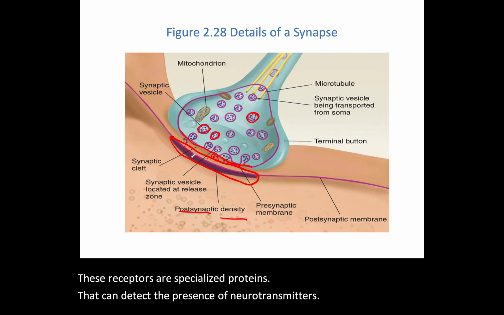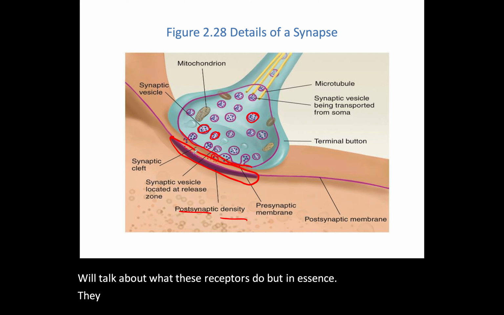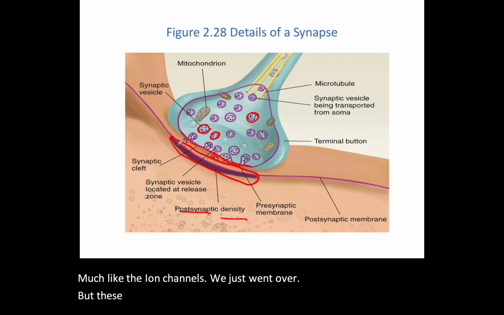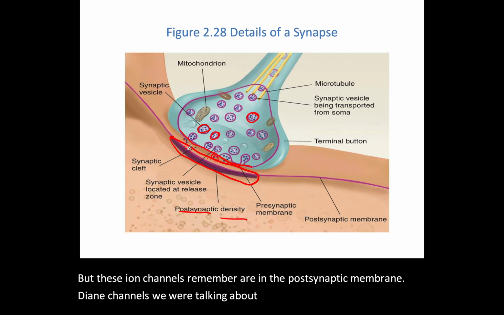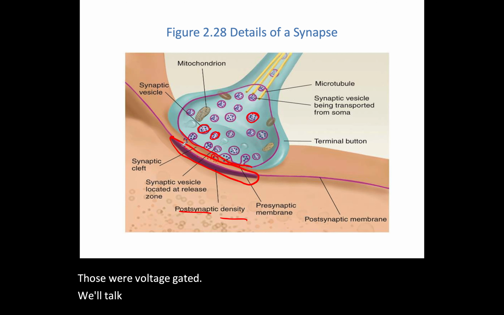We'll talk about what these receptors do, but in essence, they simply control ion channels, much like the ion channels we just went over. But these ion channels, remember, are in the postsynaptic membrane. The ion channels we were talking about were in the axon. Those were voltage gated. We'll talk about these later.